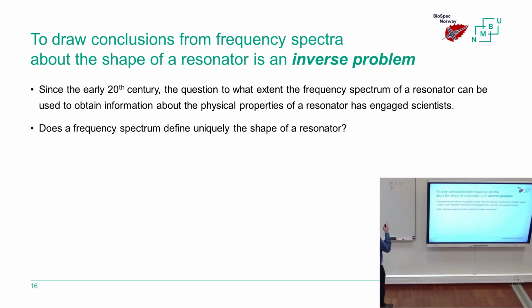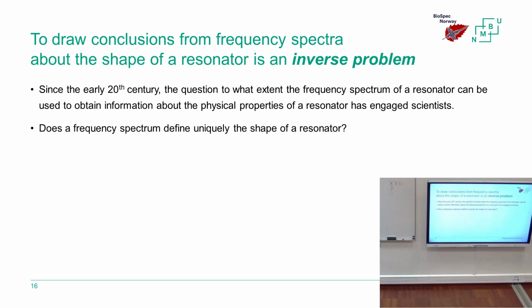So to draw conclusions from frequency spectra about the shape of a resonator is an inverse problem, and this is something which has been discussed for quite a while. But from more or less the beginning, people also wondered, does a frequency spectrum uniquely define the shape of a resonator?